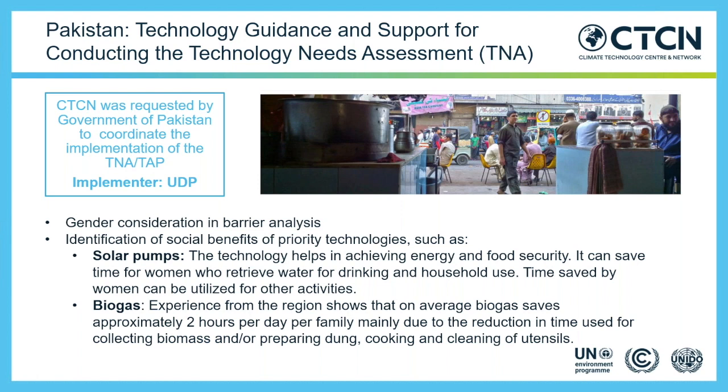And in a similar situation with biogas, in the region, on average, biogas can save approximately 2 hours per day per family, as opposed to the efforts that are normally taken for collecting biomass or preparing dung cakes and the cooking and cleaning of utensils that are associated with that process. So this is one example specific to the TNA process.